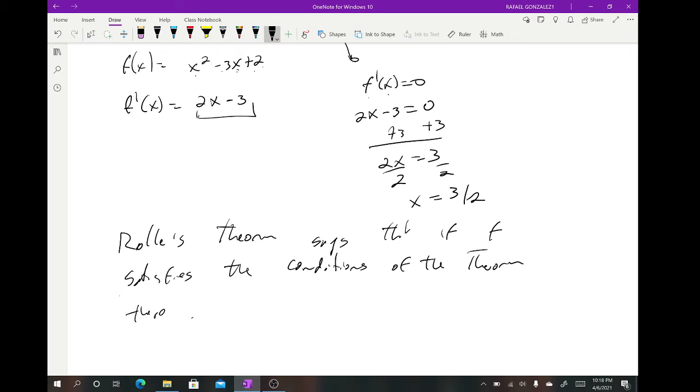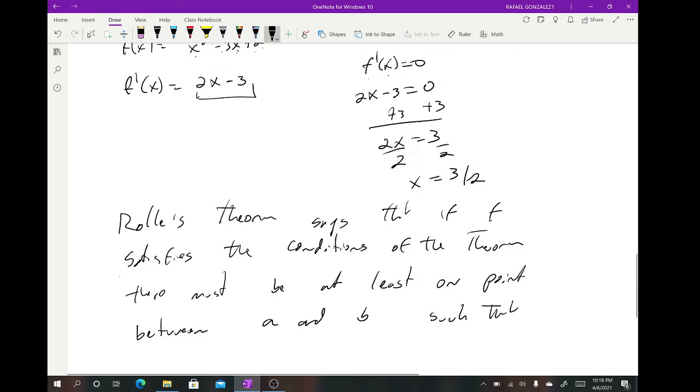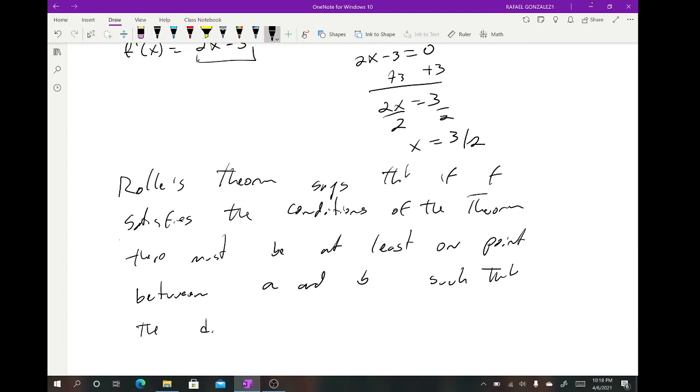There must be at least one point between a and b such that the derivative is 0.